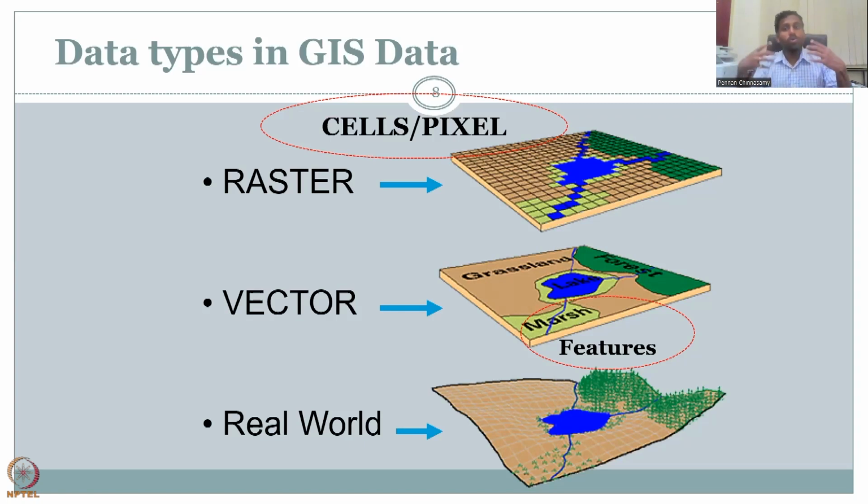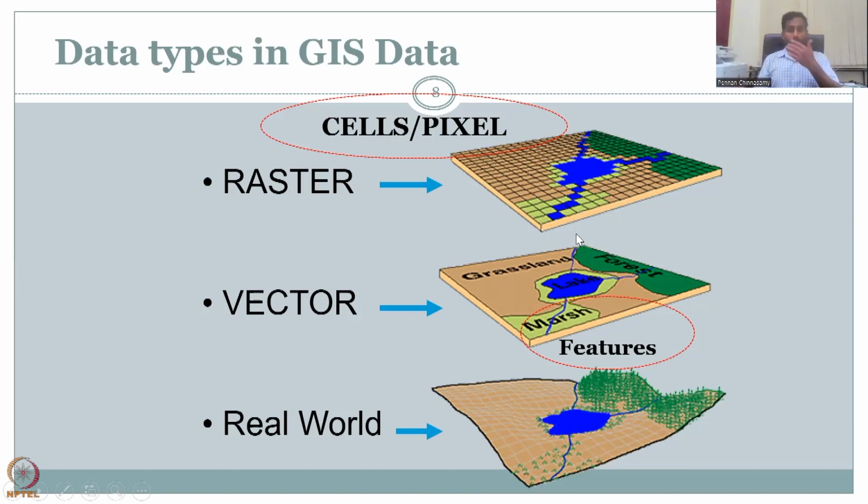It consumes more memory storage compared to vector. In vector, you can show a lake as a point, a line, or a polygon. Only part of the map area is going to be used. Whereas for raster, even though a small lake is used, the entire image has to be classified. You cannot just classify the lake grid area. You will have to classify the entire area.